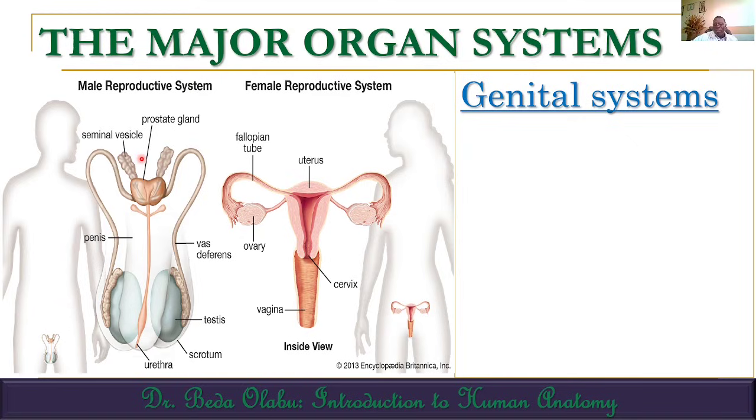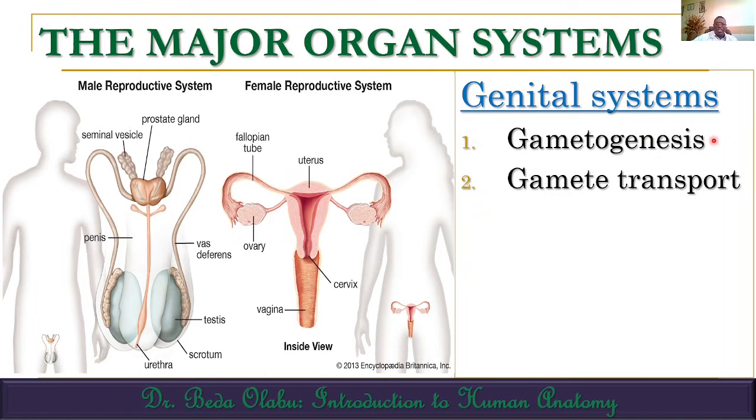But let's look at them as one and just list the key functions of the reproductive systems. So production of the gamete cells is one of the key functions of the reproductive system. The sperm and the oocyte. We call that gametogenesis, production of gametes.